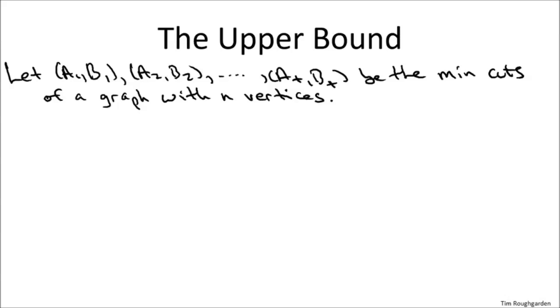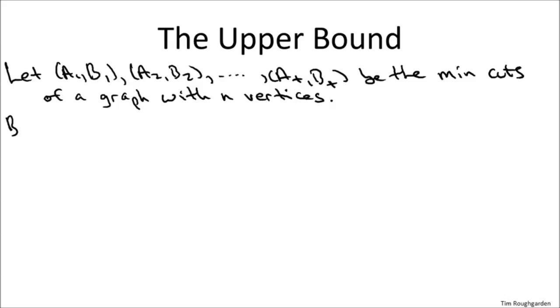So we actually analyzed a stronger property than what we were trying to solve, which is outputting a given min cut (A,B) rather than just any old min cut. So how is that useful? Well, let's apply it here. For each of these t minimum cuts of this graph, we could think about the probability that the contraction algorithm outputs that particular min cut. So we can instantiate the analysis with a particular minimum cut (Ai, Bi).